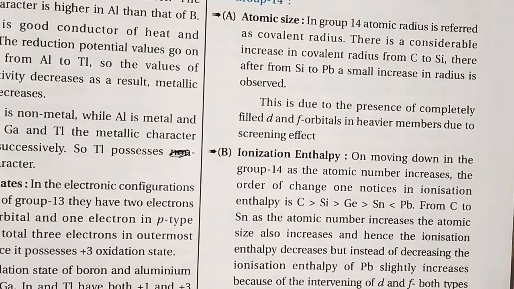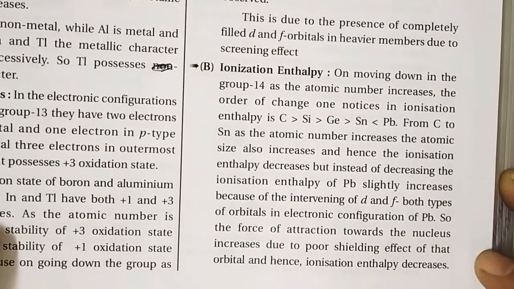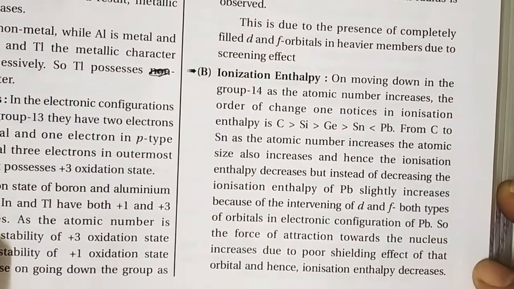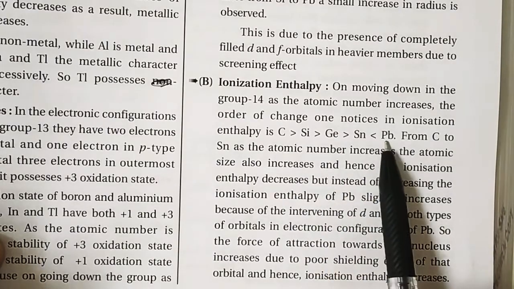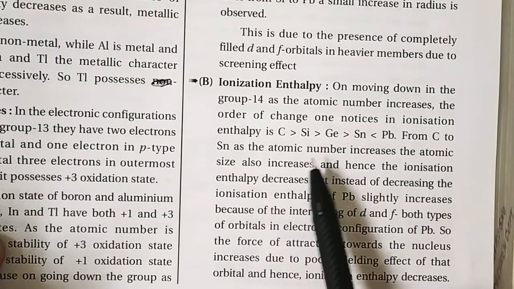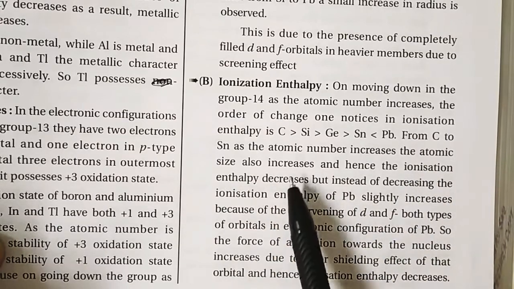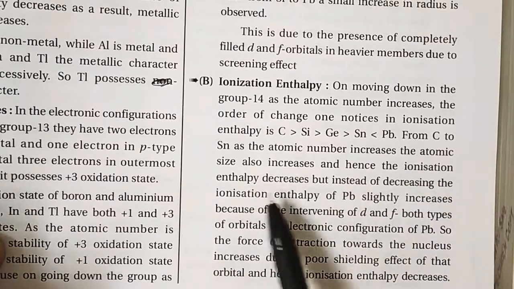Ionization enthalpy. On moving down group 14, the atomic number increases, and one notices a change in ionization enthalpy in this order. From carbon to tin, the atomic number increases, so the atomic size increases, so ionization enthalpy decreases.